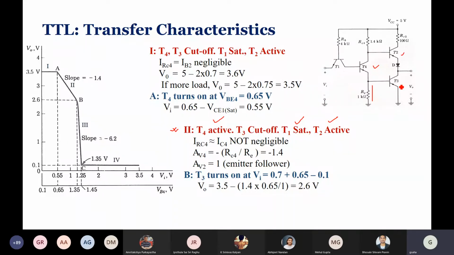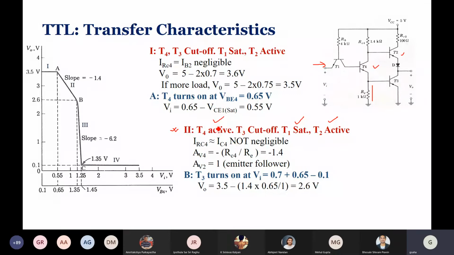So initially, till this current becomes large enough, as you keep increasing the voltage here and the transistor in the active region sends more and more current via this RC, till T3 turns on, we are in the so-called region 2.